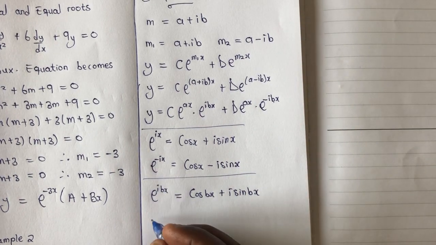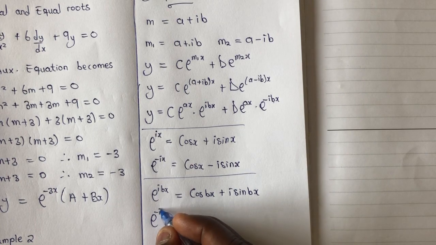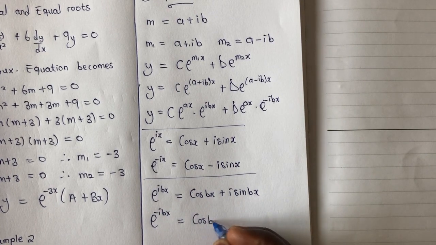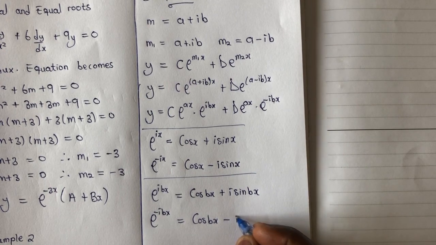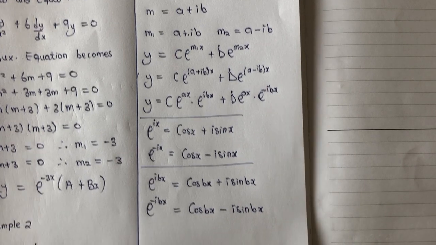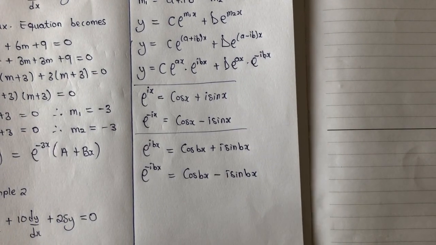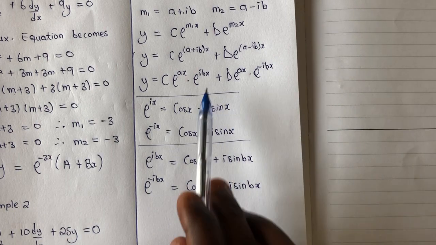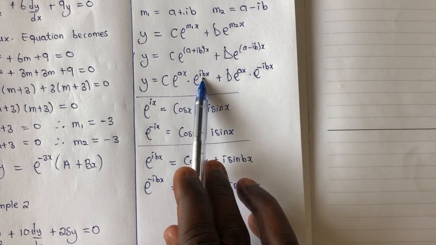And then e raised to the power minus ibx will be equal to cos bx minus i sin bx. This is what we have. Now I am going to substitute everything I have here to replace this one and this one.